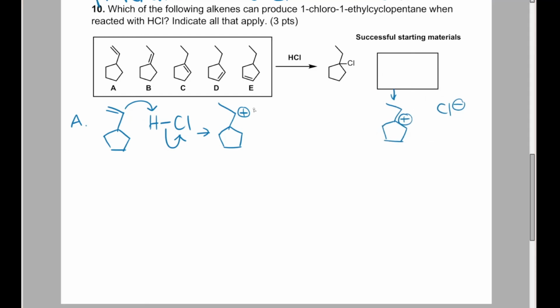It can be further rearranged because this nearby carbon is tertiary, whereas this original carbocation is secondary. And remember that it's easier to move a smaller group than a larger group, and since carbon has 4 bonds, there is a hydrogen atom that's bonded to this tertiary carbon, and it's going to shift over to this carbocation, and we're going to get something that looks like this, with the carbocation shifted to this tertiary carbon.